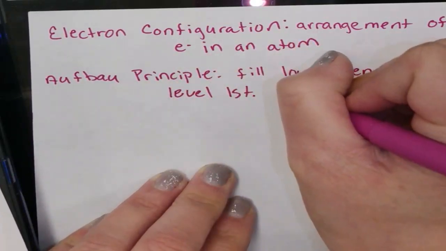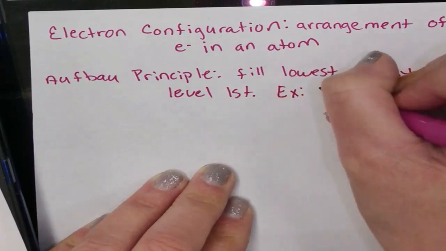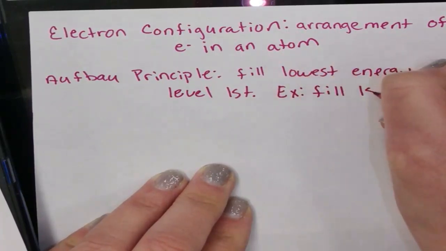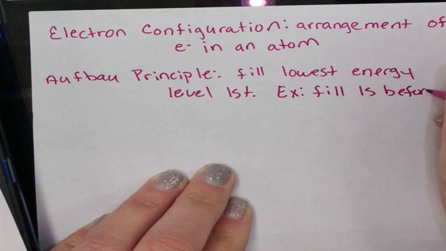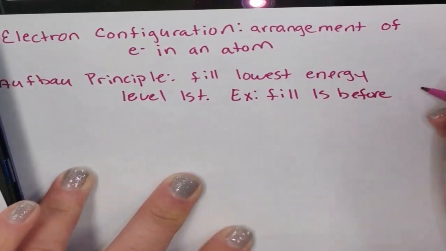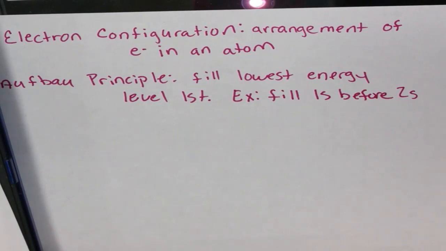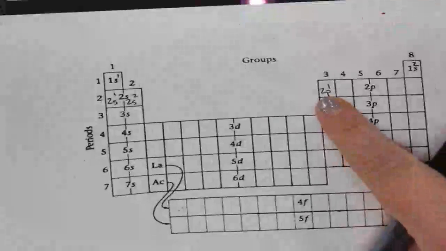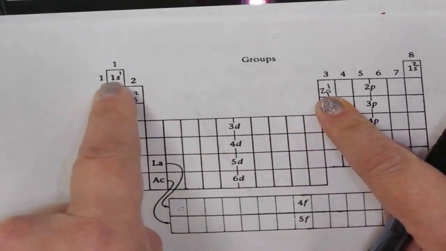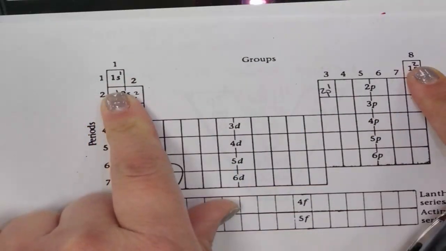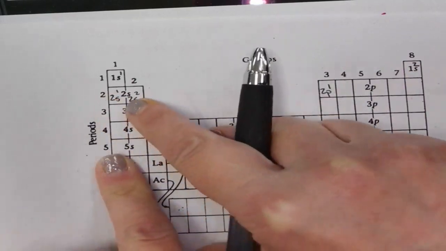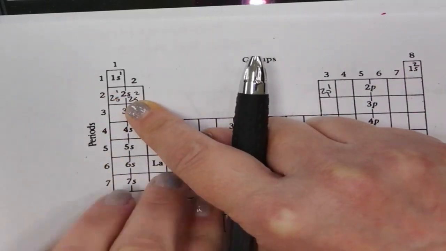For example, we are going to fill the 1s before we fill the 2s. And if you look here at what we just did for our boron, we did go 1s through the 1s before moving down to the 2s.